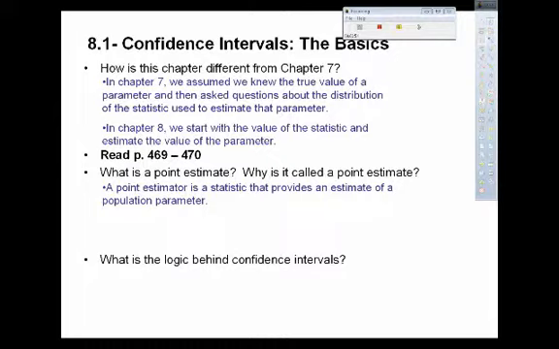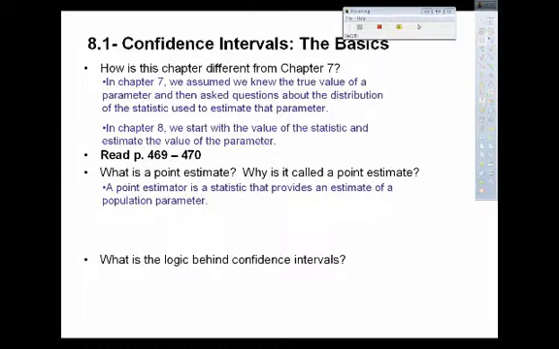So what is the logic behind confidence intervals? Now, here's the thing. When we're talking about what we estimate as our true mean, we might say something like, in polling in the U.S., 50% of the people agree with this statement in a poll, and they say plus or minus 3%.